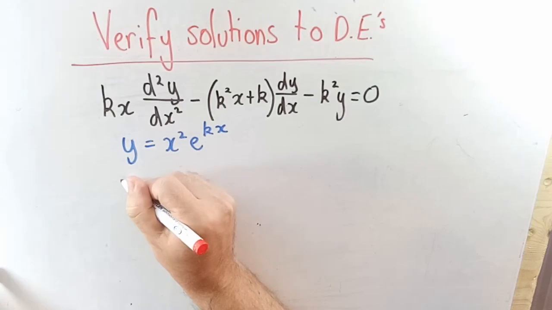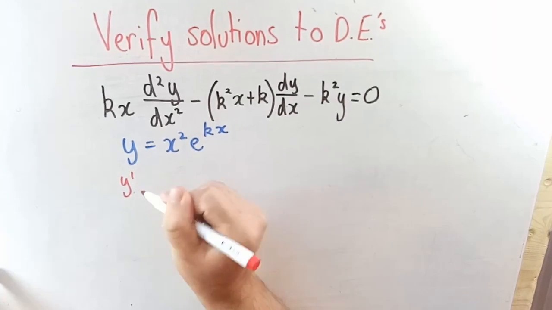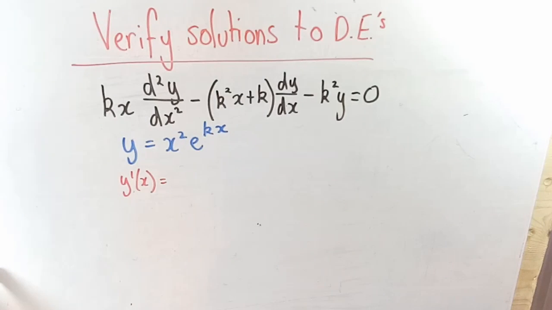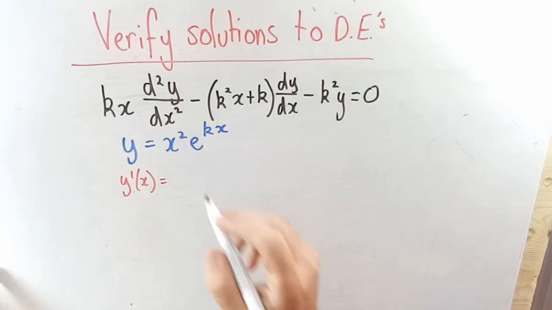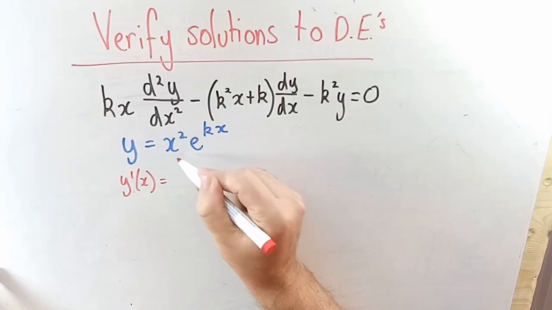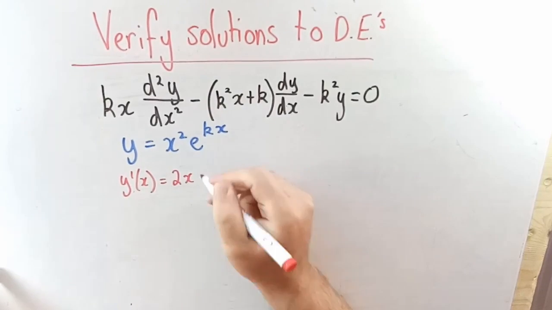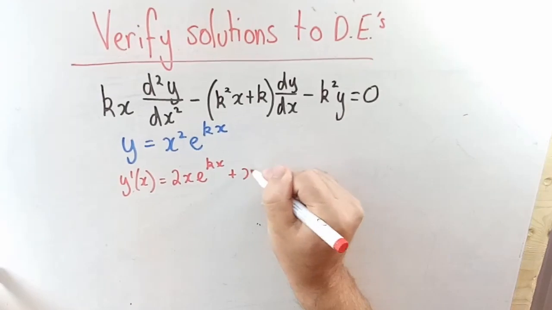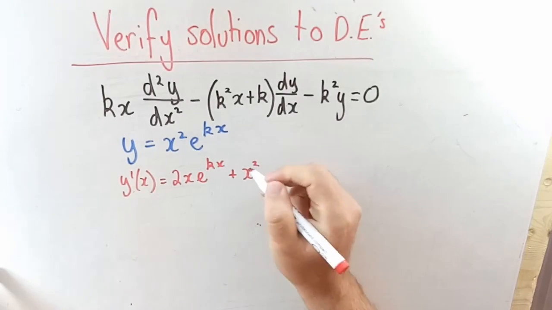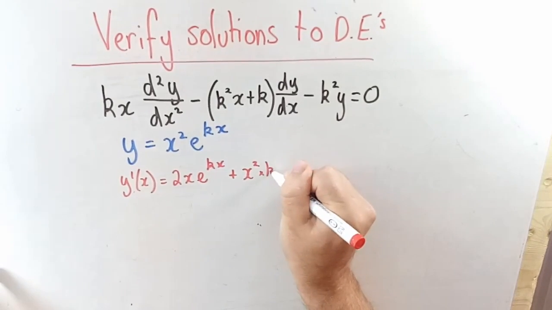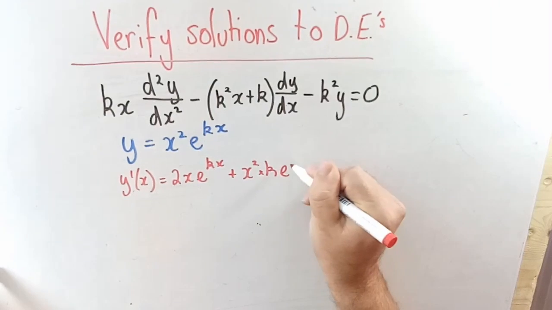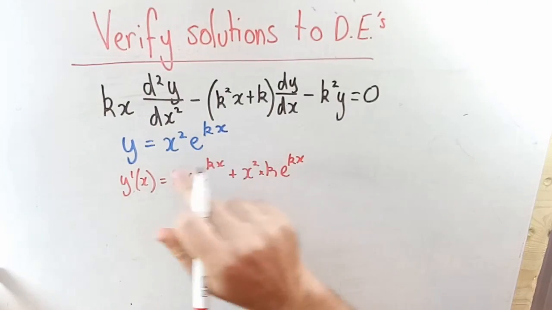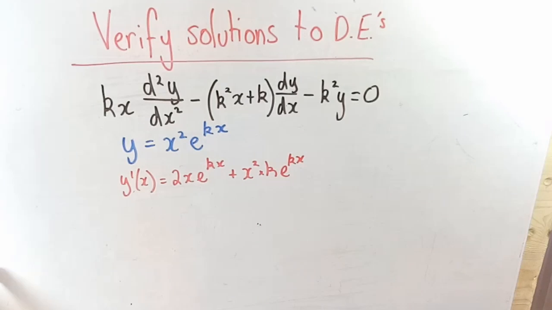All right, so y prime of x, dy/dx. Here we use the product rule. We take the derivative of this one, so 2x e to the kx plus x squared times k e to the kx. We should be getting to a point where we can do the product rule quite simply in one line.